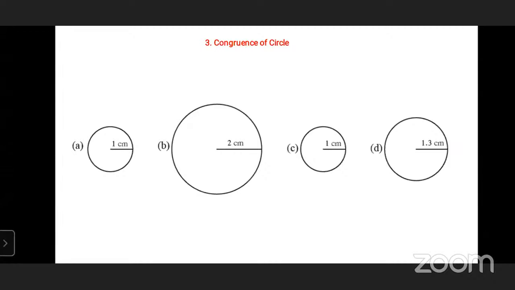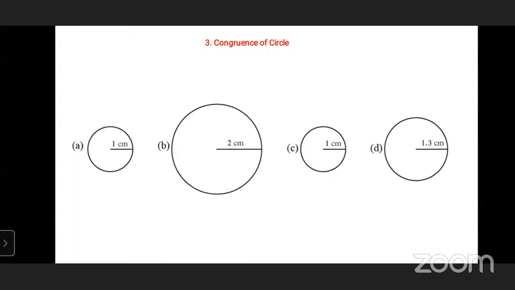Here on the screen, you can see four circles with different radii. Here one activity is given for us.